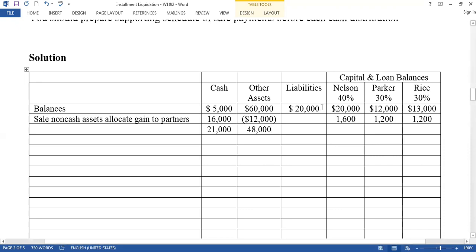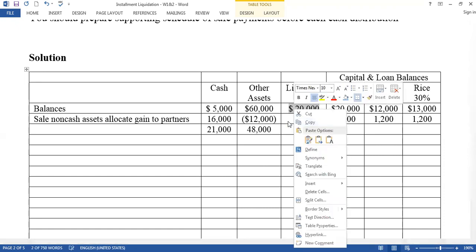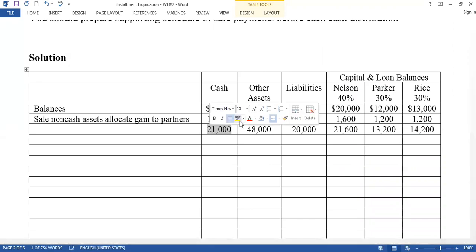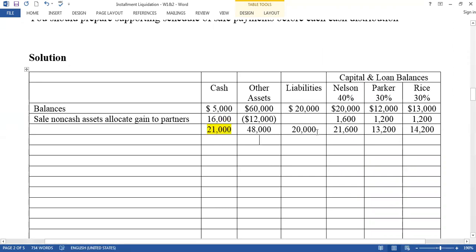Our liability is now $20,000. The capital is increasing because if you have a gain, your capital will increase. So it is 21,600, this is 13,200, and this is 14,200. Their capital increased. Now compare cash and the liabilities.